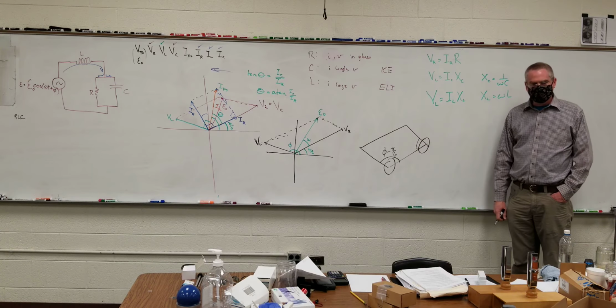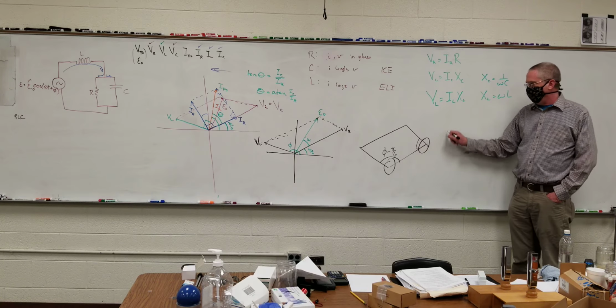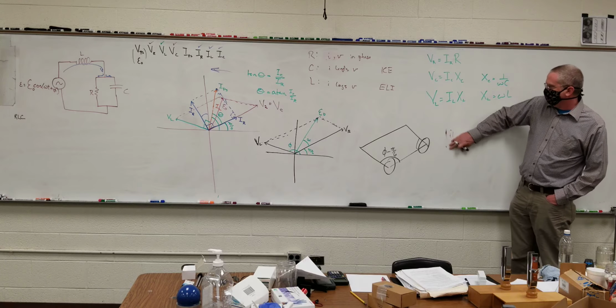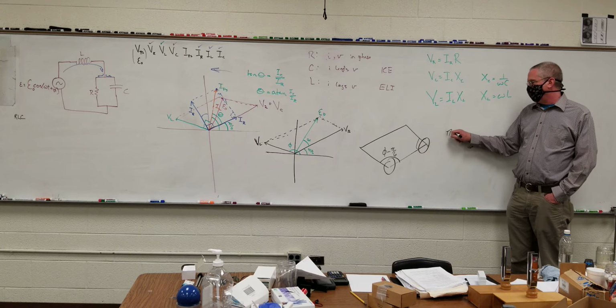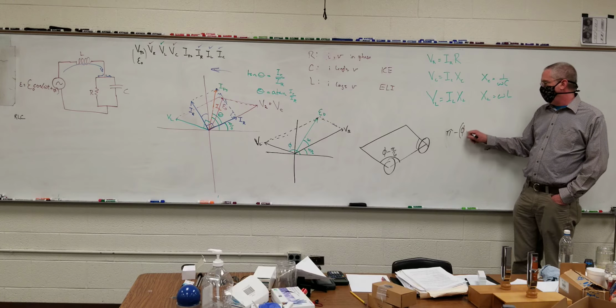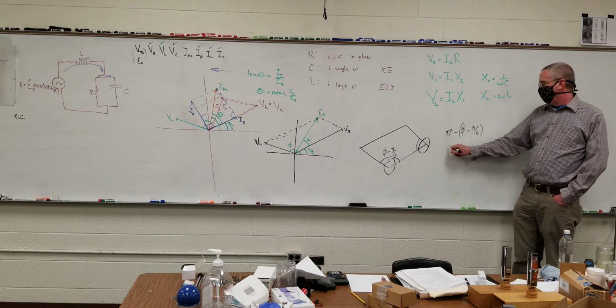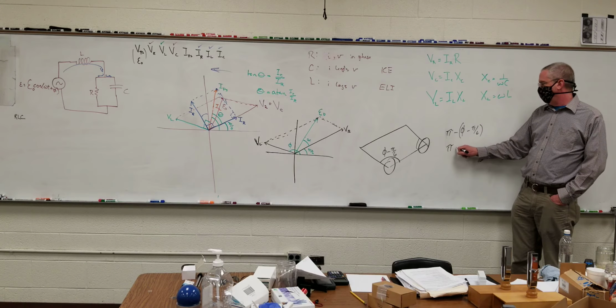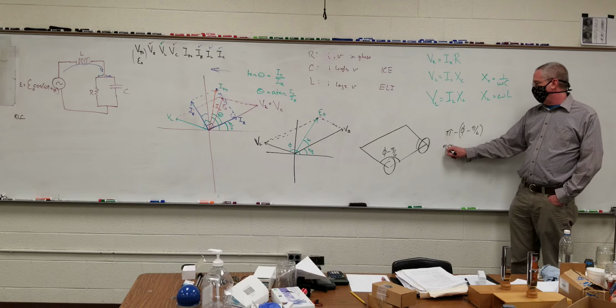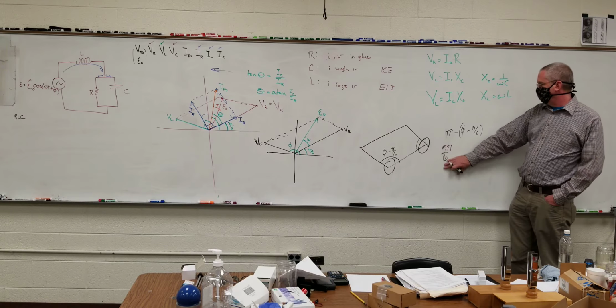This angle, therefore, is 180 degrees minus that. Yeah, let's mix units. So that's pi minus the quantity phi minus pi over 6.